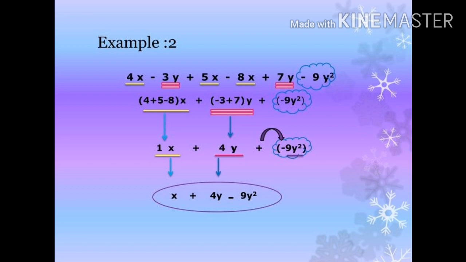So minus 3 plus 7, as you remember the rules of integers, minus plus minus, but positive sign will be there. So plus 4y will be the sum. Now the next, minus 9y square, doesn't have any pair, so it will be copied as it is. Final answer will be x plus 4y minus 9y square.